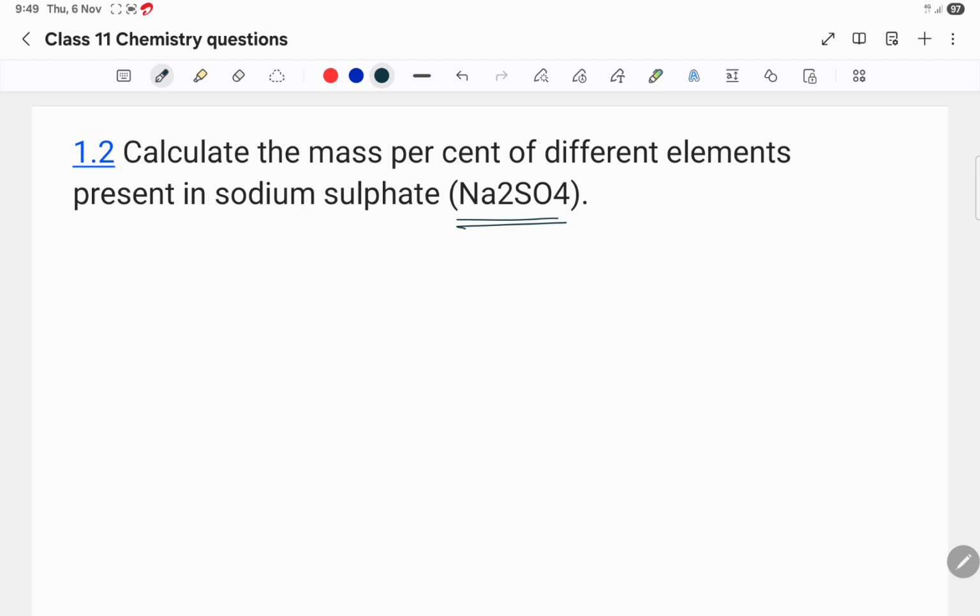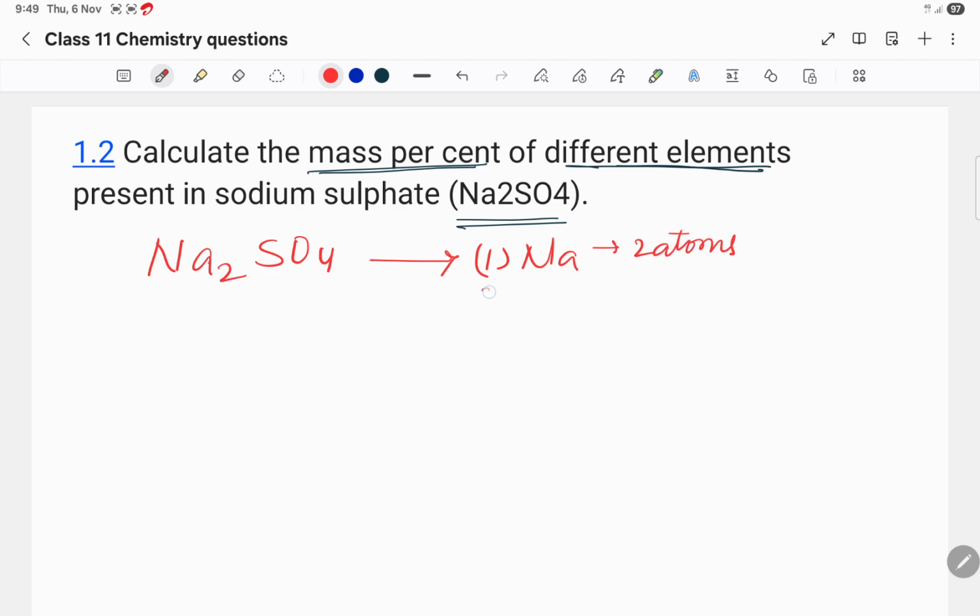So what you have to do is calculate the mass percent of different elements. So first of all, you should know what are the different elements present over here. In the sodium sulfate formula, there are three types of elements. First one is sodium, 2 atoms are there.